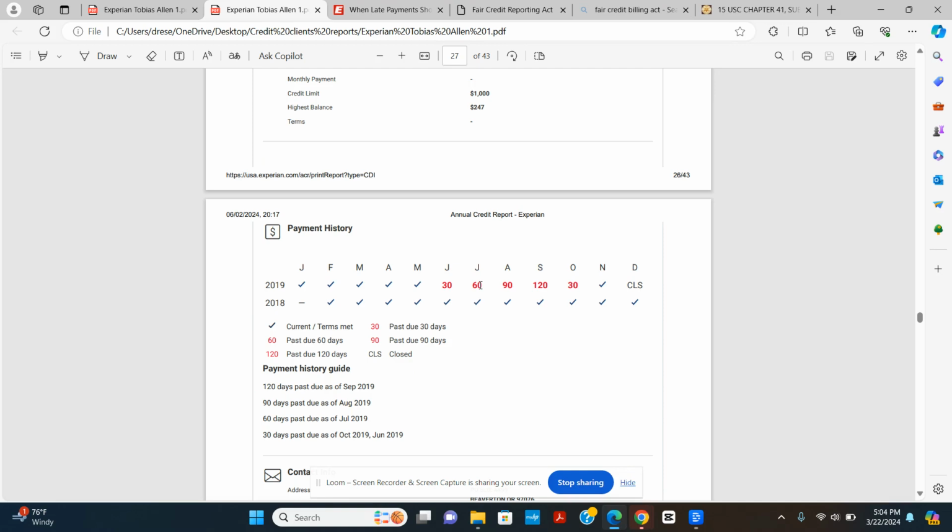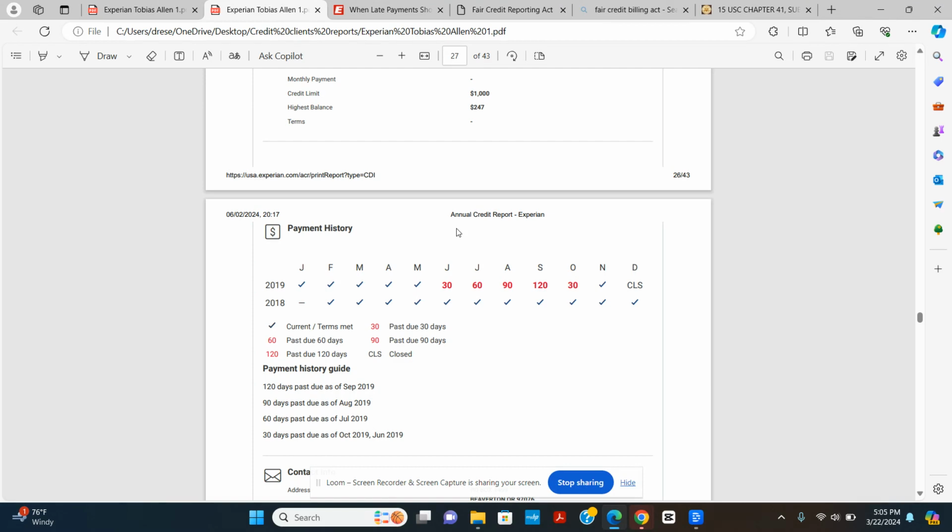So say we were to get that updated. Now we got rid of this 30-day late payment and this 60-day late payment. Now we have 90, 120, and a 31 again, which is inaccurate as well. So now we're just left with a 90-day late payment and a 120-day late payment. What does that show?